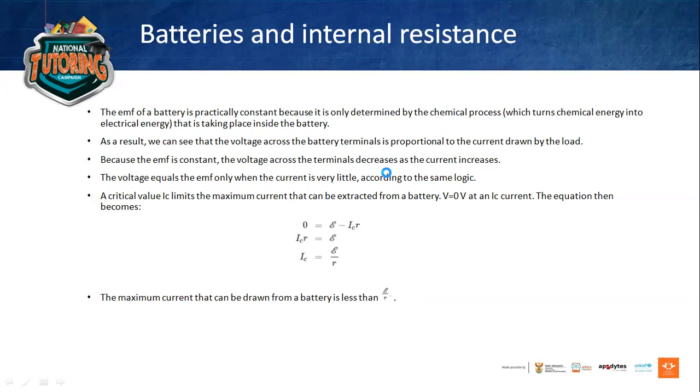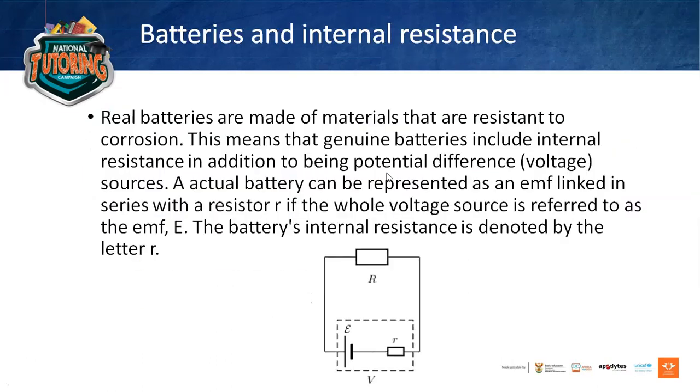Which means that the voltage and the EMF, which is the electromotive force, the minimum voltage required for a battery to start, can be equal to each other if the voltage is very low, but in most cases they are different.